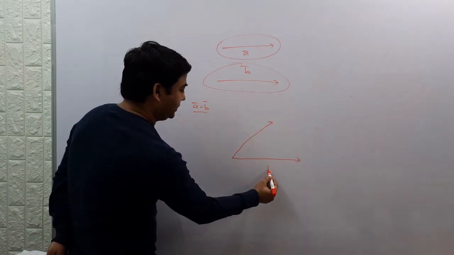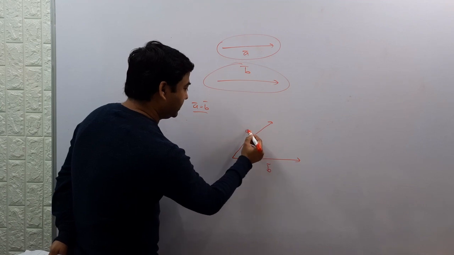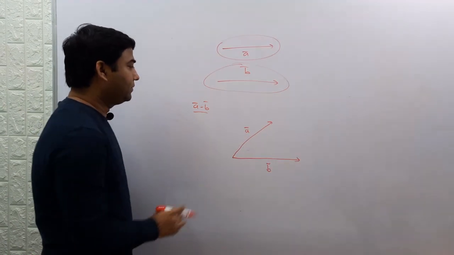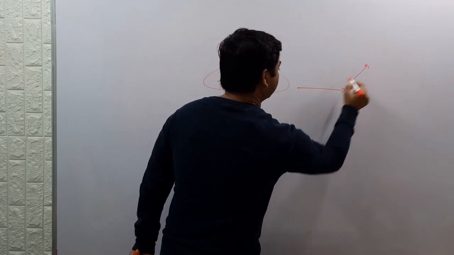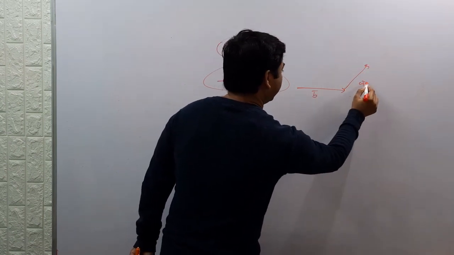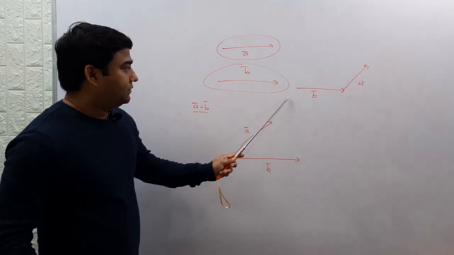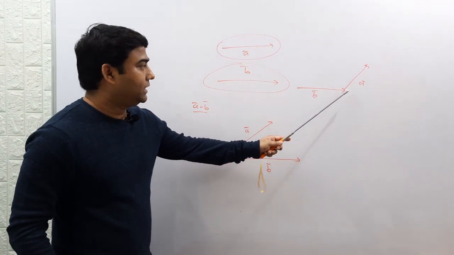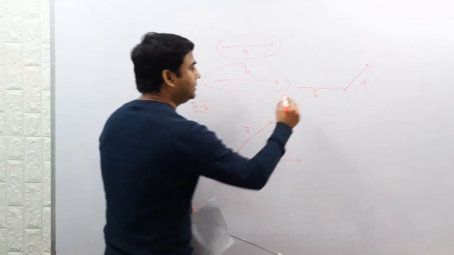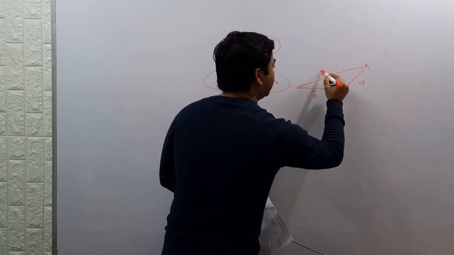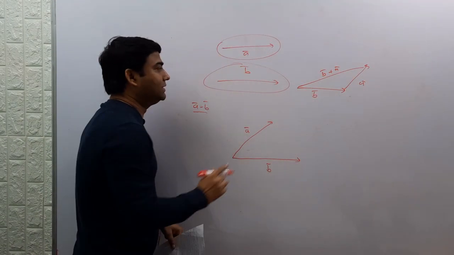This is vector B, this is vector A. In addition, you can see we used the tail of A joined with the head of B, and found A plus B, that is the resultant vector.